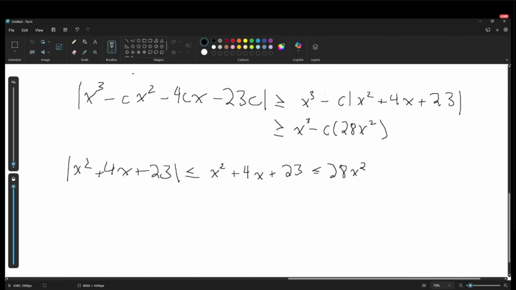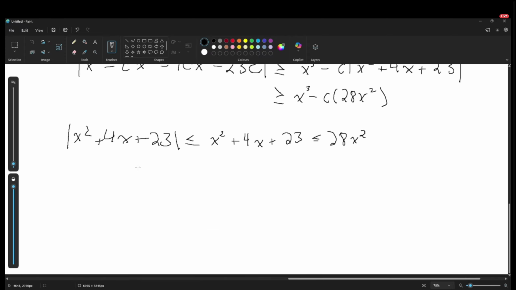Okay, and then the statement becomes obvious. So you want this statement here to be more than 0. In order to have that, we must have x cubed be more than c times 28 times x squared. And then to do that, we divide both sides. So x has to be more than 28c.